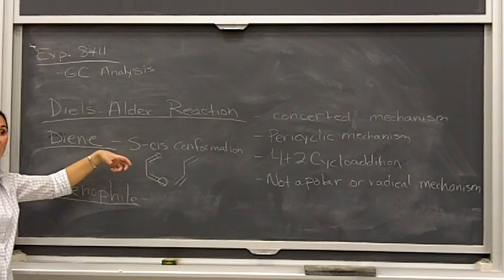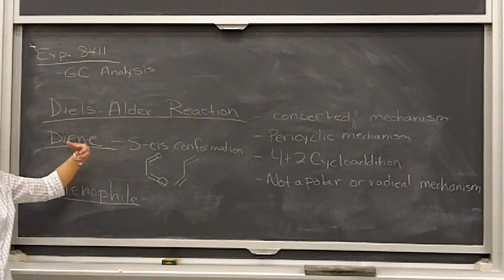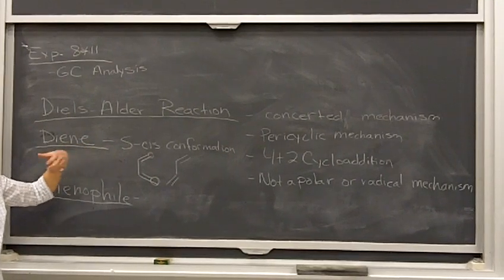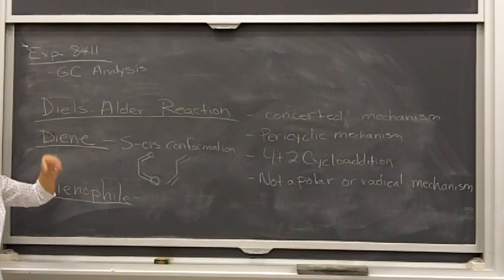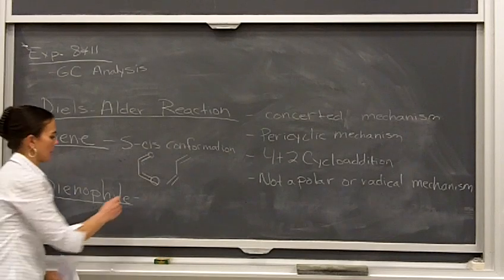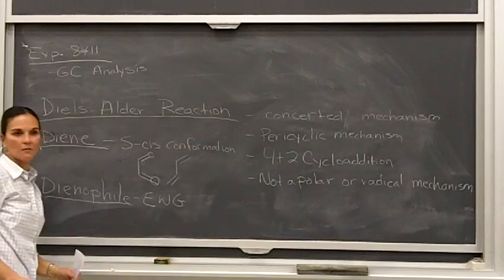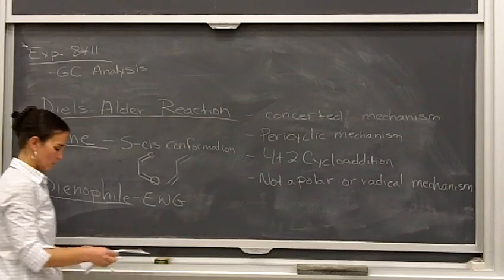So you want it to have electron withdrawing groups on it, pulling some of that electron density away from the alkene, making it more reactive, okay? So you want to make sure you have some electron withdrawing groups on there to make it reactive, okay?